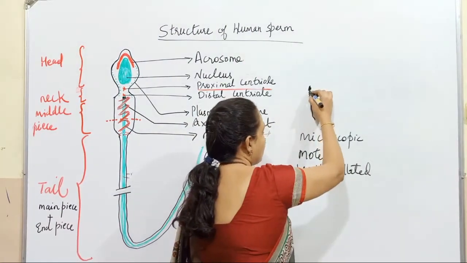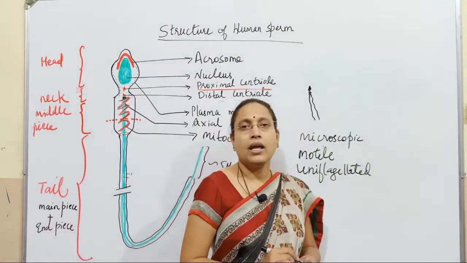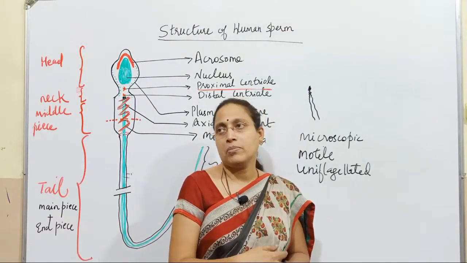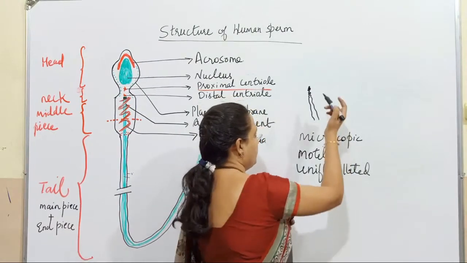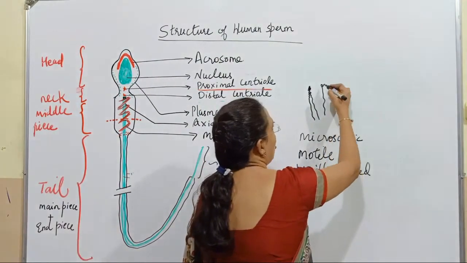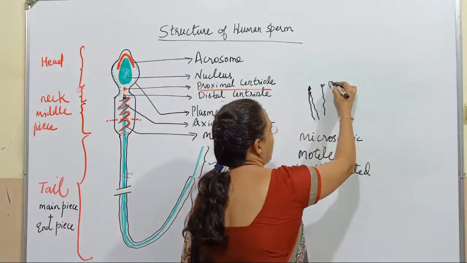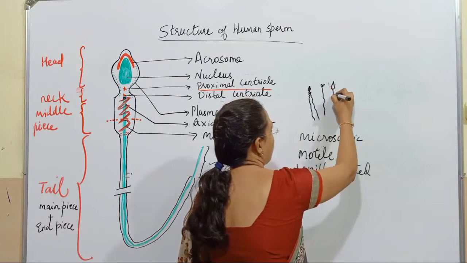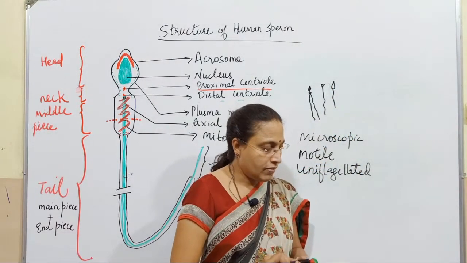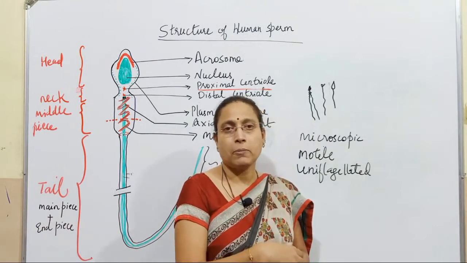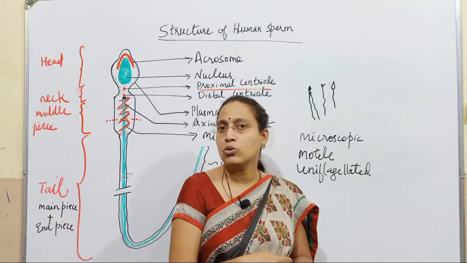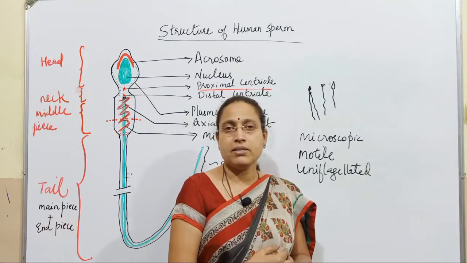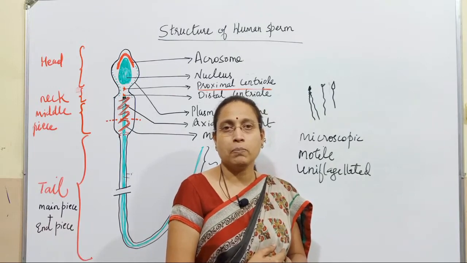If it is biflagellated, it will come under abnormal structure of sperms. For example, two heads with one tail or one head with two tails, or abnormality in the structure itself, will come under teratozoospermia. And many times if the sperm loses its motility, it is called asthenospermia.